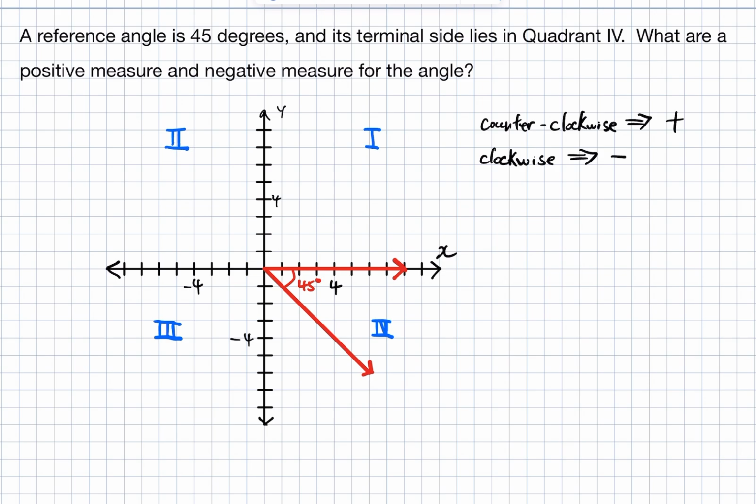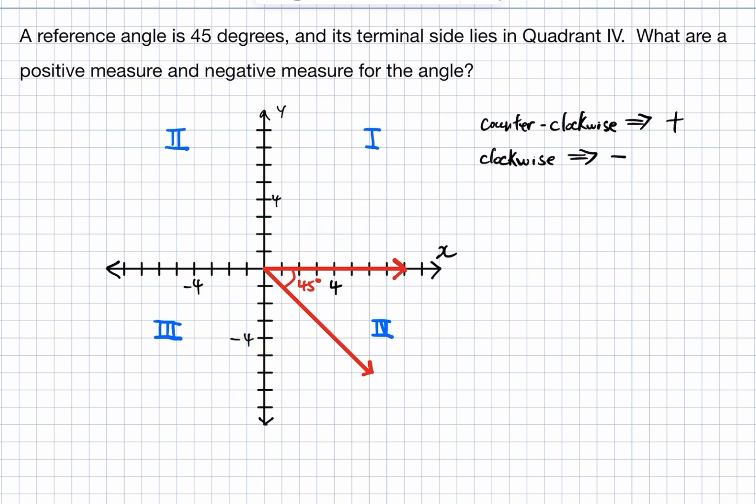Okay, so we want a positive measure, so if we start at the initial side and we rotate all the way around a full 360 and we subtract 45, that's going to give us a positive angle, okay?